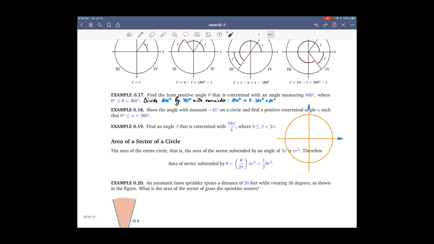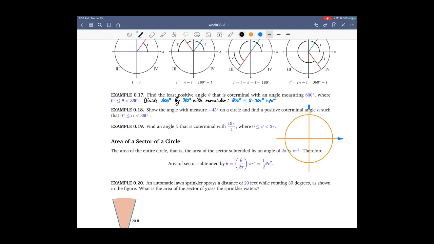The second problem here, in which we need to find the angle coterminal with negative 45 degrees, within the range from 0 to 360, can be solved in exactly the same way.